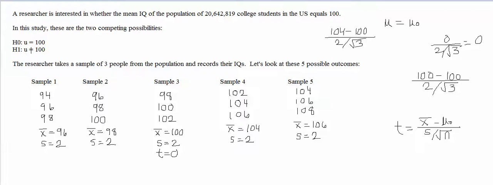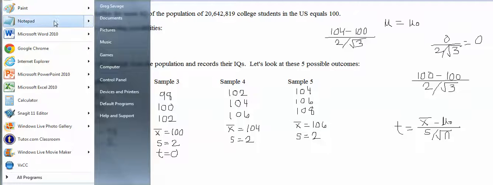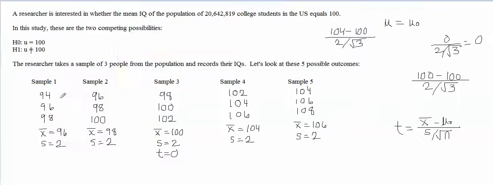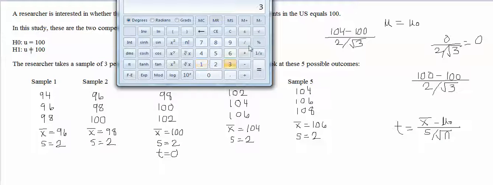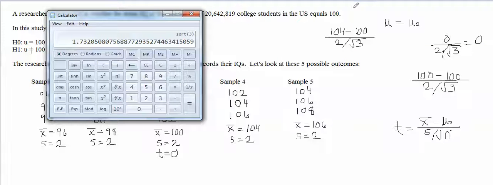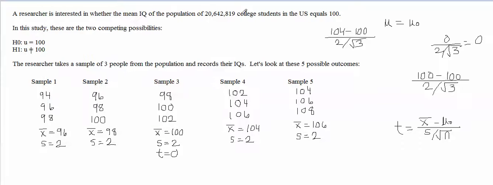Let's see what this comes out to. We found the square root of 3. Let's divide 2 by the square root of 3. We get 1.73. So what we have is 104 minus 100 over 1.73.